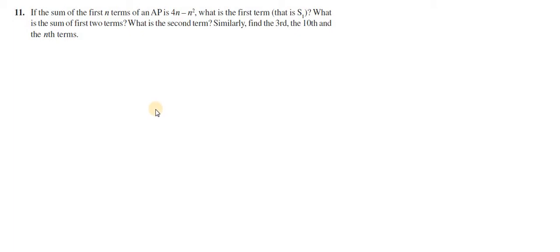Similarly, find the third, the 10th and the nth term of an AP. That is almost what we did in the last problem, but here they gave what is Sn. So here Sn is equals to 4n minus n square.